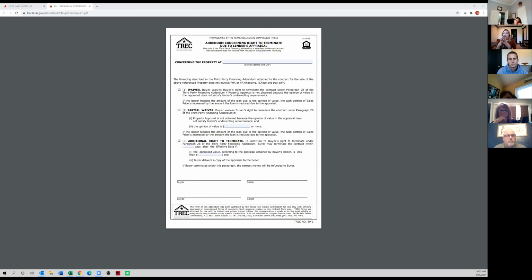So that is just what would automatically happen in that paragraph 1 if that was chosen. Automatically the amount of the cash and financing would be adjusted and everything would go on. The buyer would have nothing to say about it. It would just move on through the cycle.